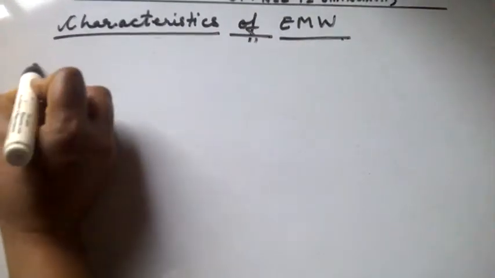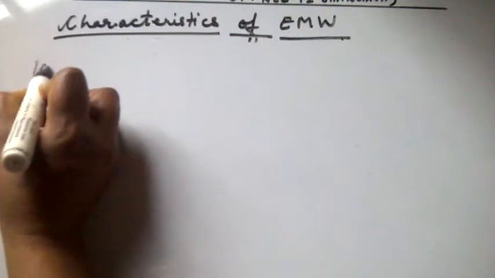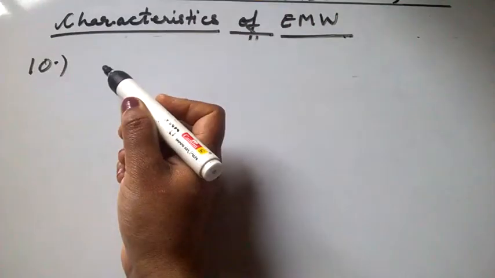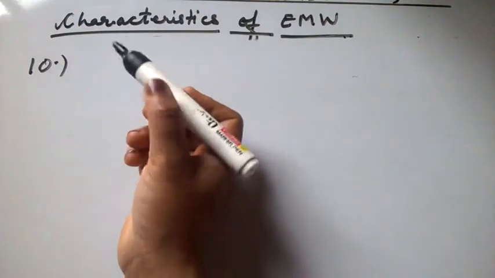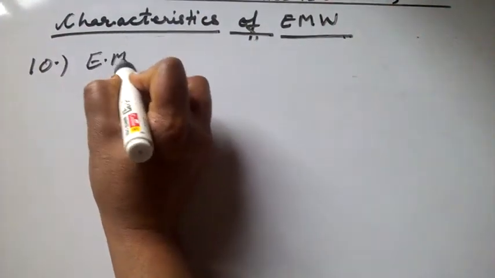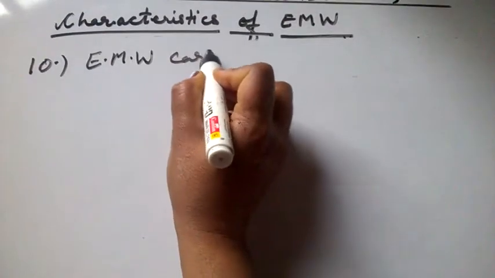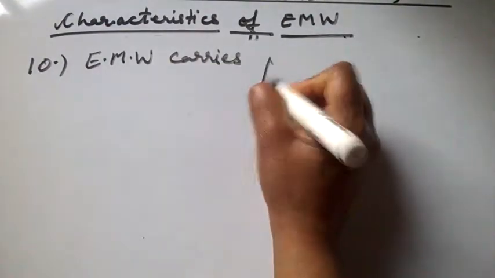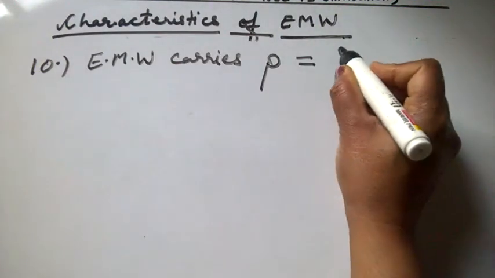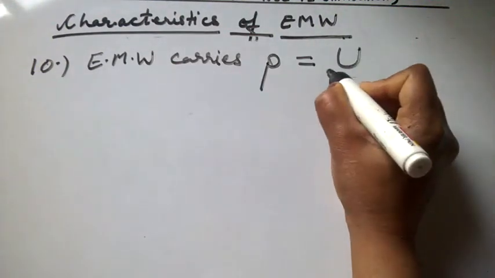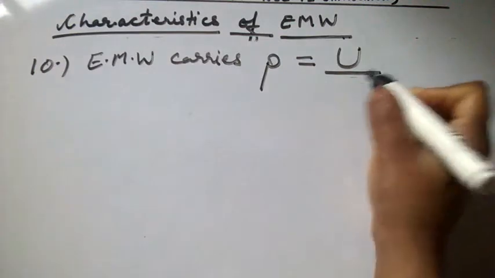Point number 10: an electromagnetic wave carries energy, thus it has momentum also. That is, an electromagnetic wave carries momentum, denoted by P, and it is given as the energy transferred to the surface or a body divided by the speed of light.